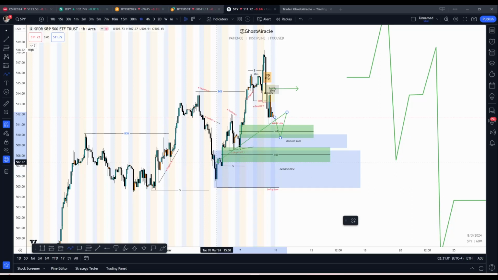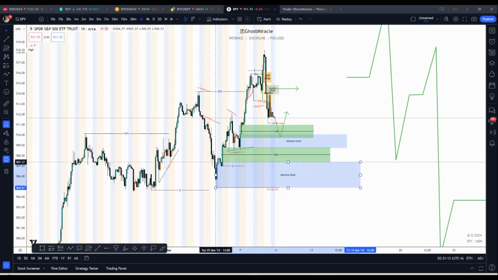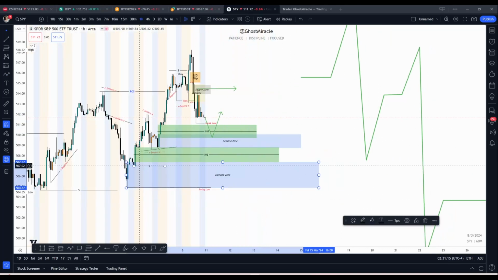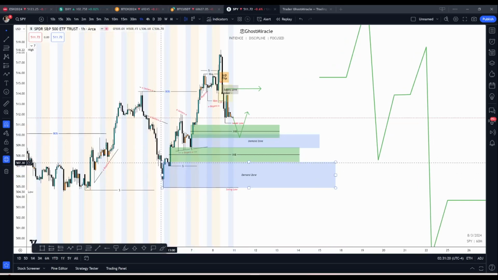You had this excessive candle to the downside, price closed above this candle here, and now you have this entire area here, which is technically your entry model 8. So this right here technically is entry model 8 on the higher time frame, right?